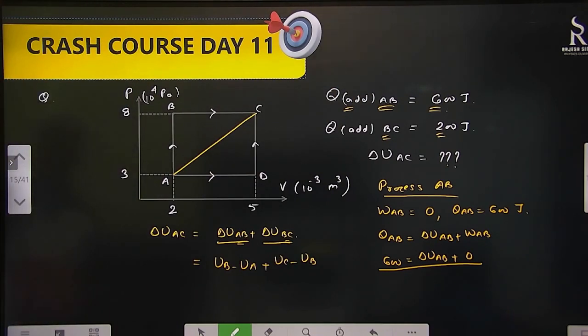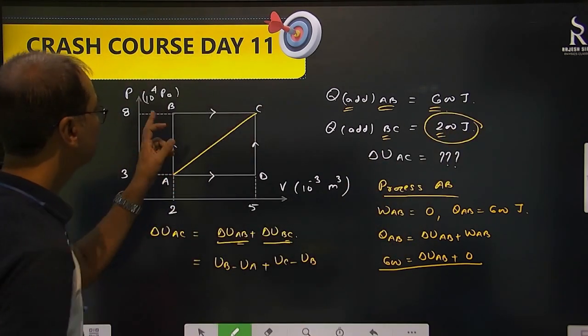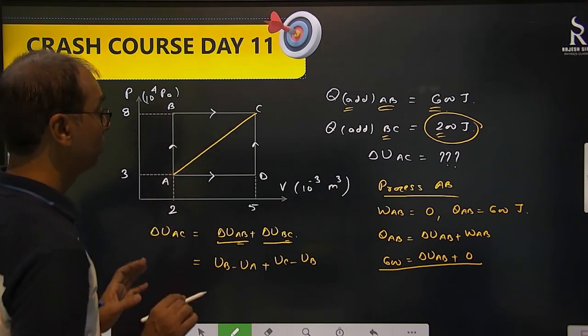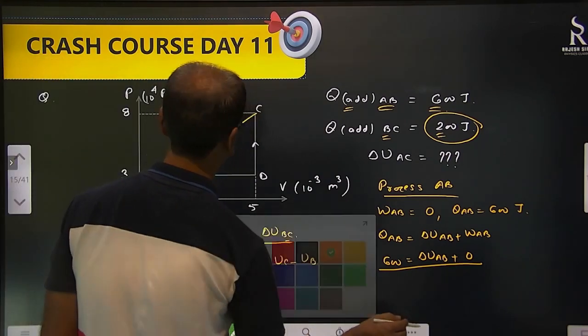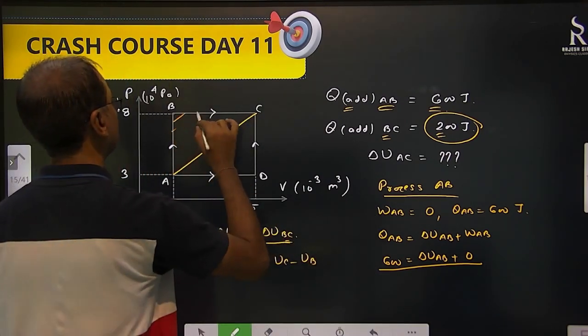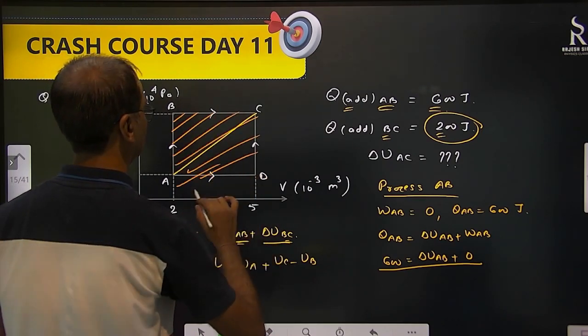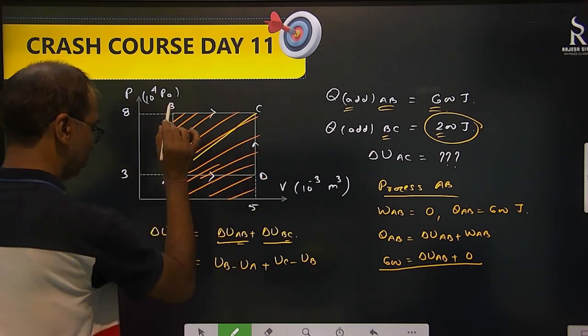Now delta UBC we have to find. In that process also, we know how much heat is given. But what process is this? This is a constant pressure process, and in this one work is done. How much work is done? It is the area under the PV curve. Which area? This area, entirely.